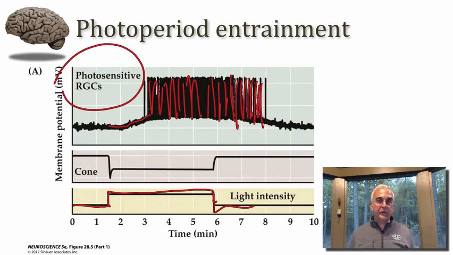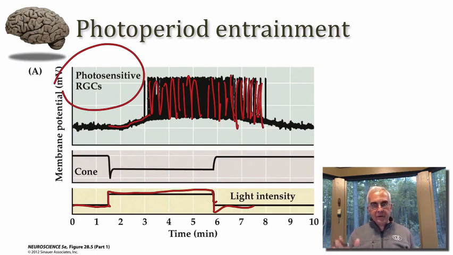So these are cells that are not going to be very good at all for contributing to image formation in the brain. But on the other hand, they may be quite adequate for sensing the overall level of illumination in the environment and then communicating robust signals into the brain regarding slow, gradual changes in illumination.